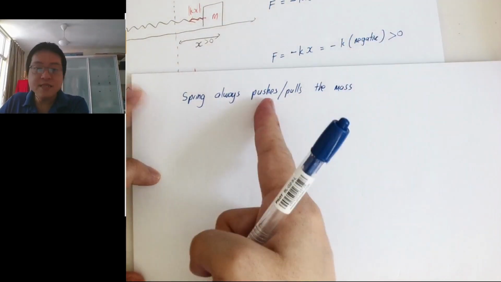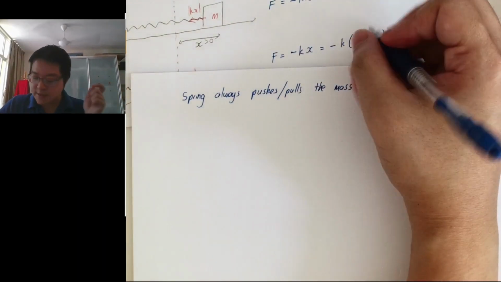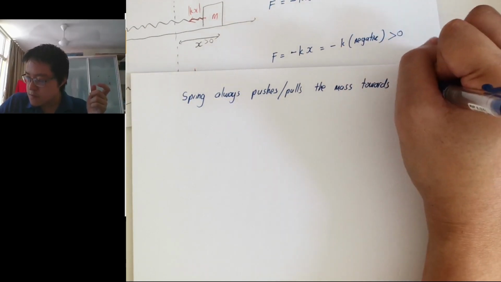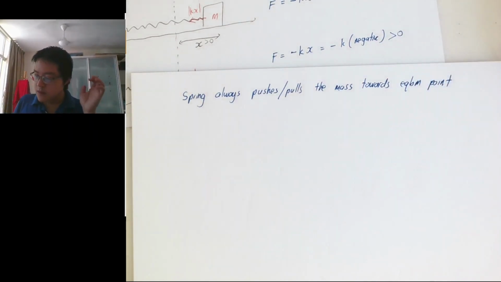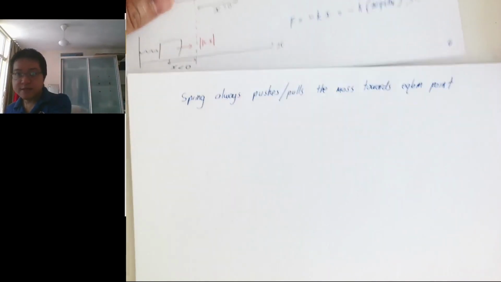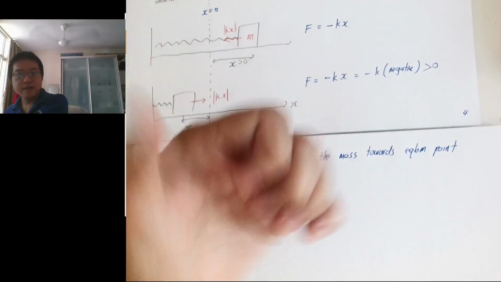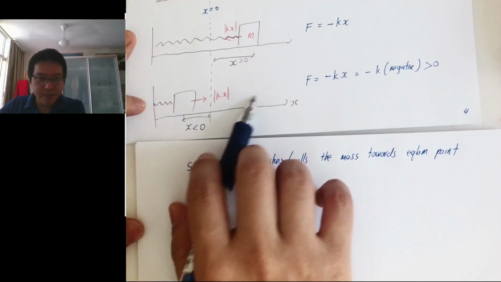Either it's pushing or pulling, whatever it's doing wants to push it towards the equilibrium point. So that is the picture I put here. If I put my object here, the spring will try to push it back. If I put my object here, the spring will try to push it back in this way.